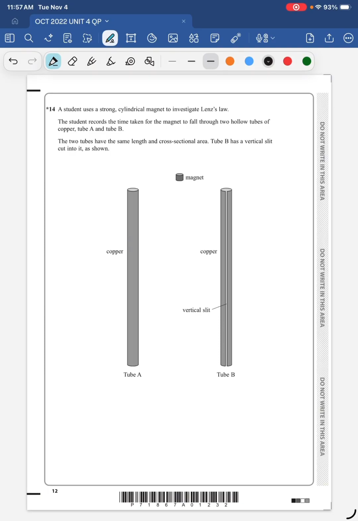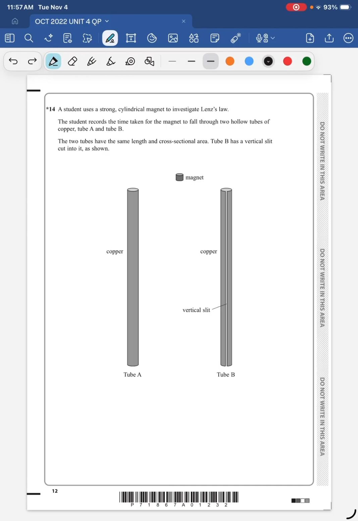Question 14. This asterisk means long writing. A student uses a strong cylindrical magnet to investigate Lenz's law.